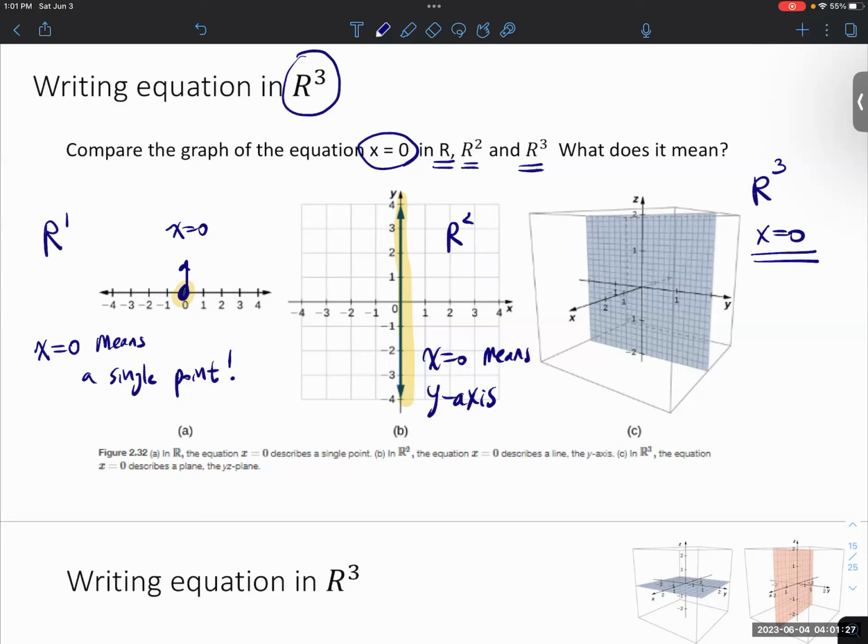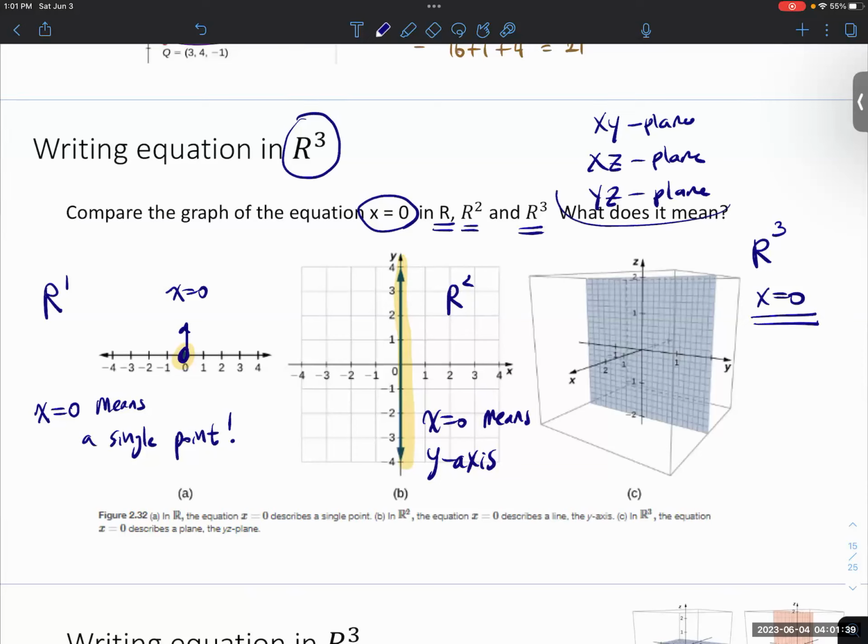We have the xy plane, the xz plane, the yz plane. And x equal to 0 is going to be the yz plane, because in the yz plane we do not have any variable from the x-axis. So in three-dimensional space, x equal to 0 means it is the yz plane. That's what it means in each different dimension.